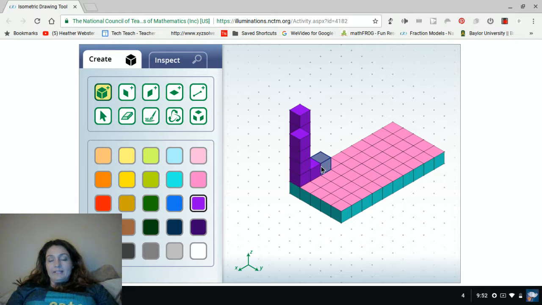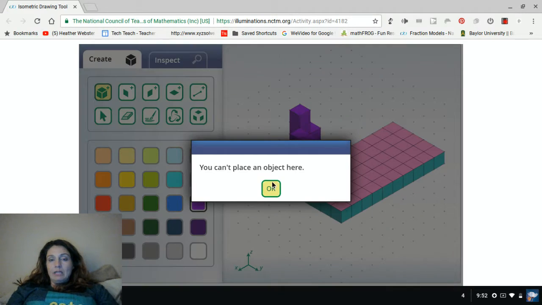I'm adding on some walls, so to speak, to my rectangular prism. To do that, I'm adding layers, okay? Layers are going on this. Those layers are what's making it three-dimensional.